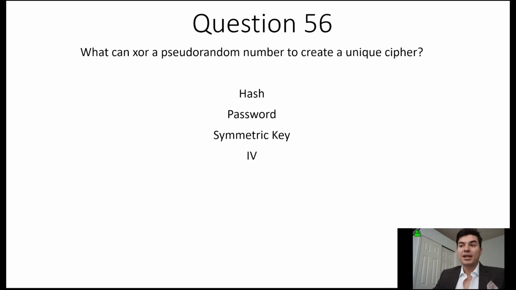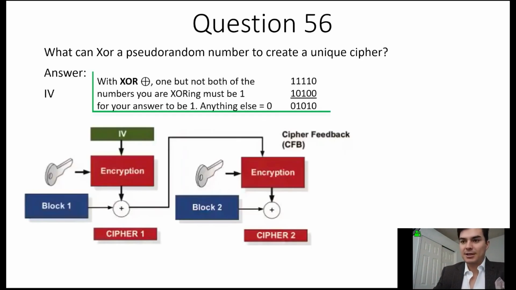Question 56, what can XOR a pseudo-random number to create a unique cipher? And that would be the initialization vector. When we're looking at that, they're XORing the initialization vector, and we're going to take a look at the image here with the encryption algorithm and the data.